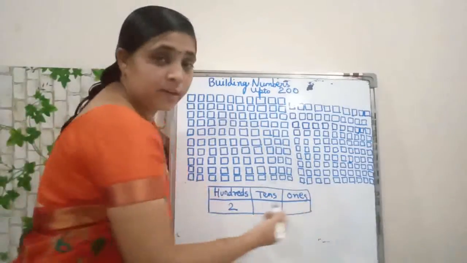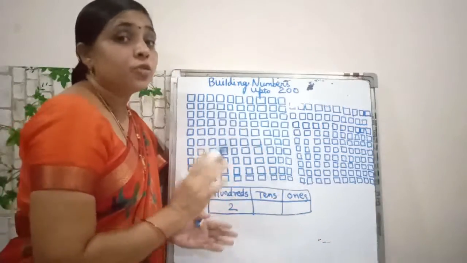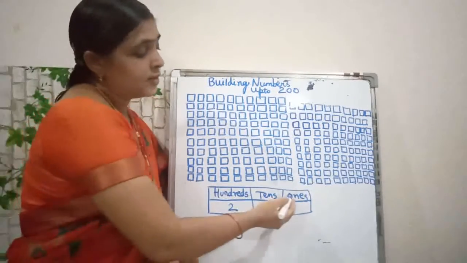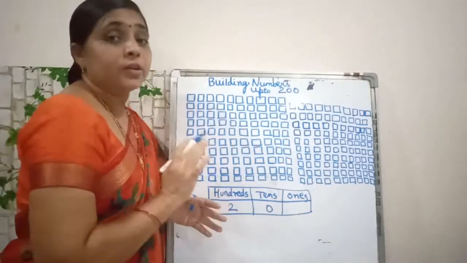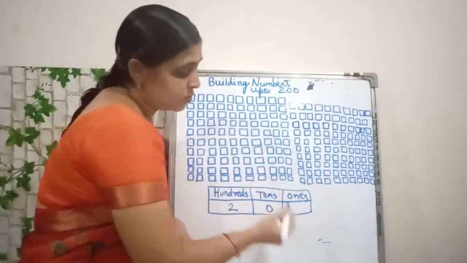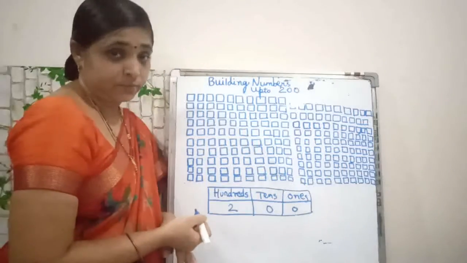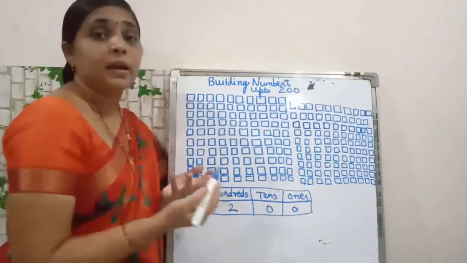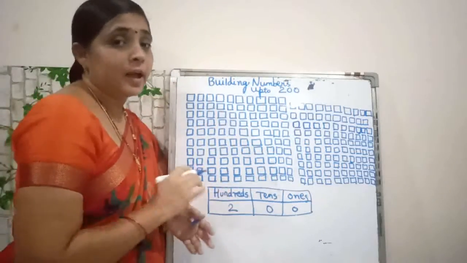And in tens place, is anything there? Is any strip there? Not there. So you have to write 0 in tens place. In ones place, no ones are there. So you have to write 0 in ones place. So the number becomes 200. Likewise, if 3 grids are there, you can write 300. Understood? So you can form numbers like that.